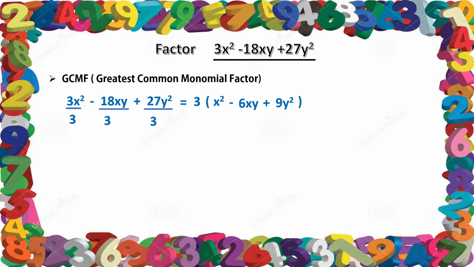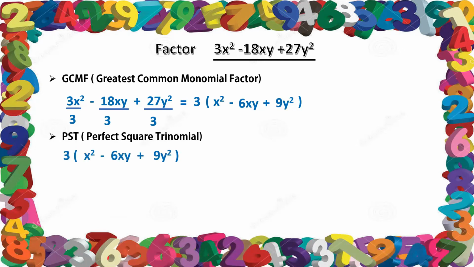Now, looking at the resulting expression inside the parenthesis, we can determine that it is a perfect square trinomial. Why? Simply because our first term is x squared, which is a perfect square.